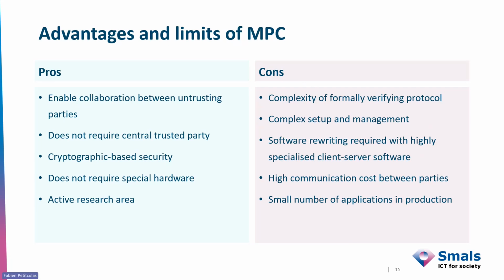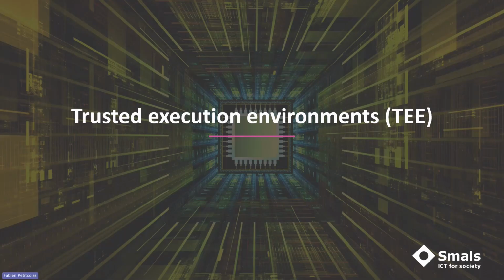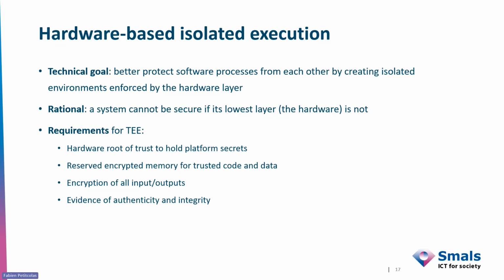So the next and third, the third and last confidential computing technique I wanted to talk about today, and we'll spend a little bit more time on that, is trusted execution environment. And here we're going to rely on the hardware. The goal is to better protect software processes from each other.